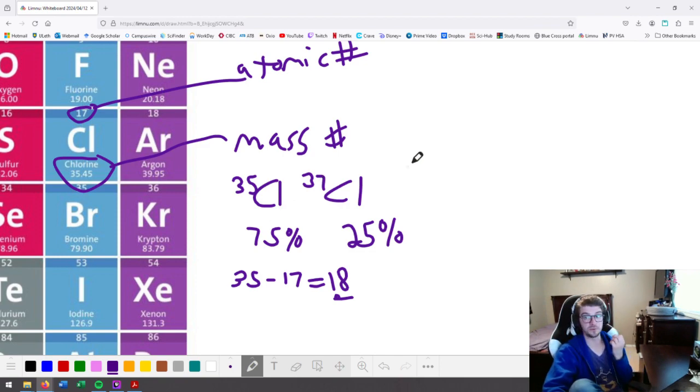So to get the number of neutrons, we take the mass number of the isotope, not this mass number, this number. We take the mass of this single isotope, subtract the number of protons that are in the nucleus, and we get the number of neutrons that are in the nucleus.